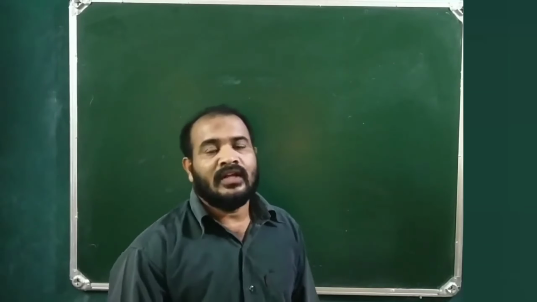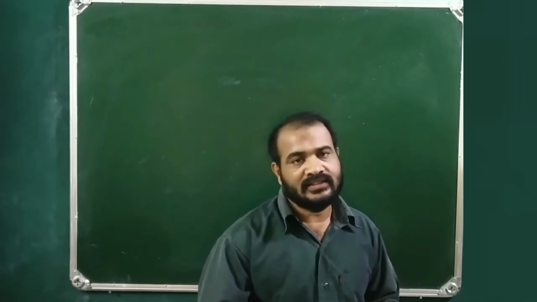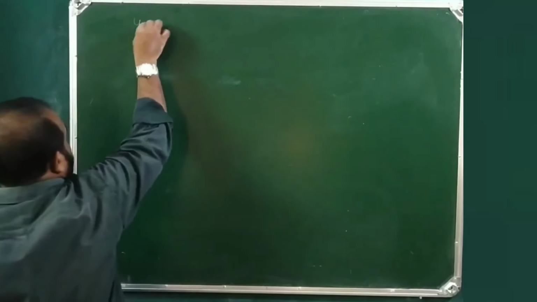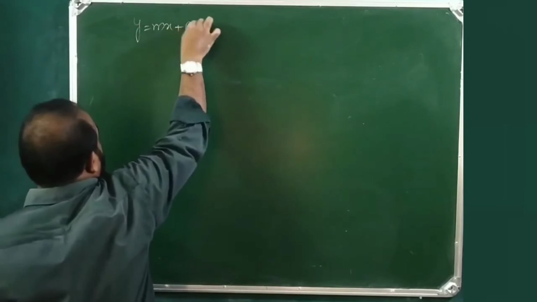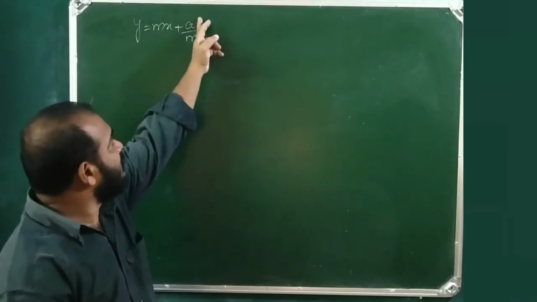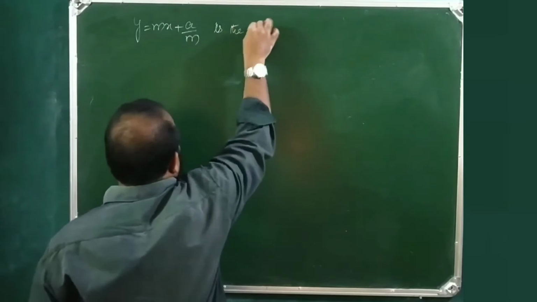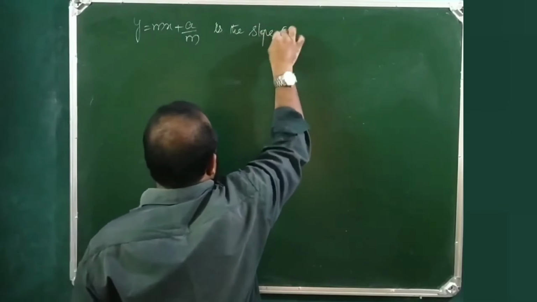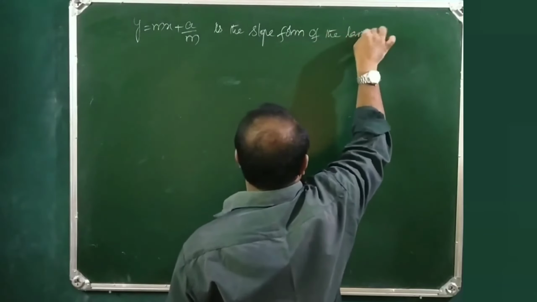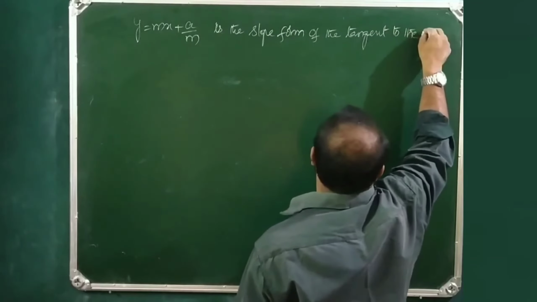Now, the equation of the tangent to the parabola y square equals 4ax in its slope form is y equals mx plus a by m. How do we get this? y equals mx plus c, with c equals a by m, is the slope form of the tangent to the parabola.